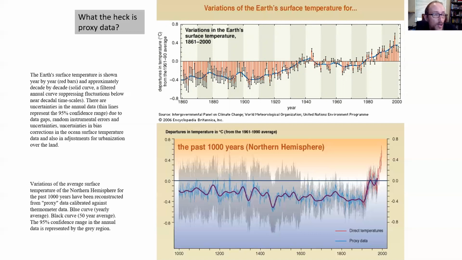Well, now let's look at what the actual curve represents. It says a solid curve, a filtered annual curve suppressing fluctuations below near decadal timescales. That's not code, but it's the scientific lingo that says this. There's so much variability, and there are so many short-lived events that can have a profound influence on the temperature, like El Nino and La Nina, and whatever is causing the Saharan dust to come over to us.